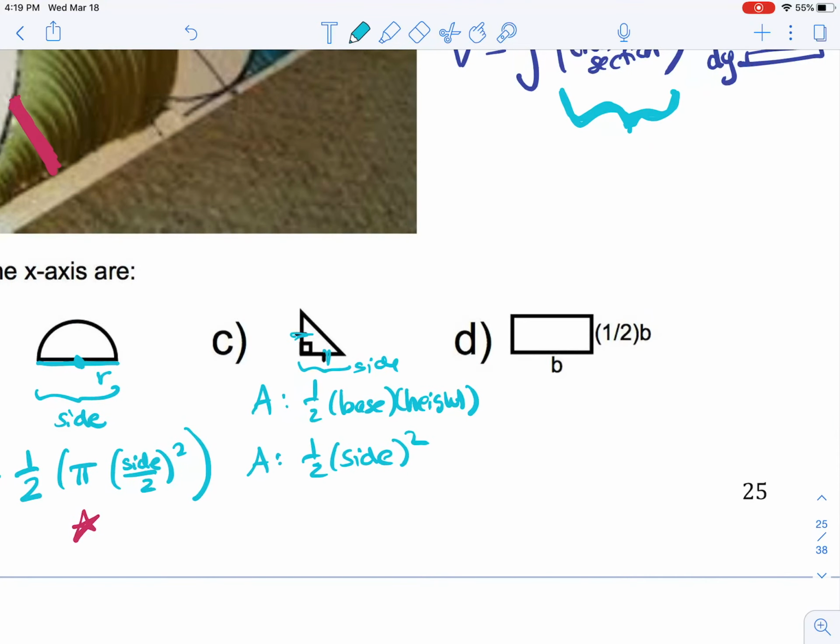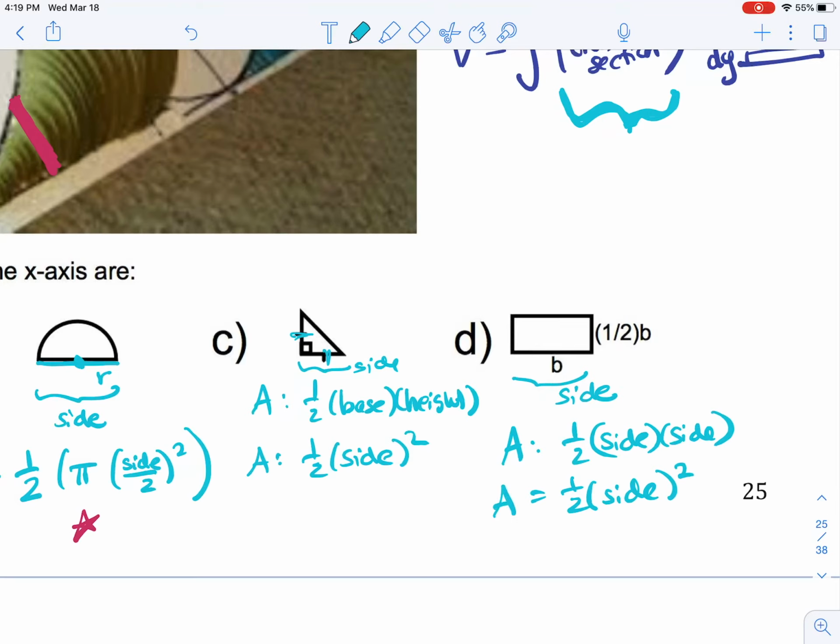And over here we're going to have some cross sections that are described to you in a way. This one, they're going to say the rectangle has a length in our region, and the height is 1/2 that length. Again, I'm going to refer to this as being a side, and that area is length times width, so that would be 1/2 side times side, so that's 1/2 side squared.